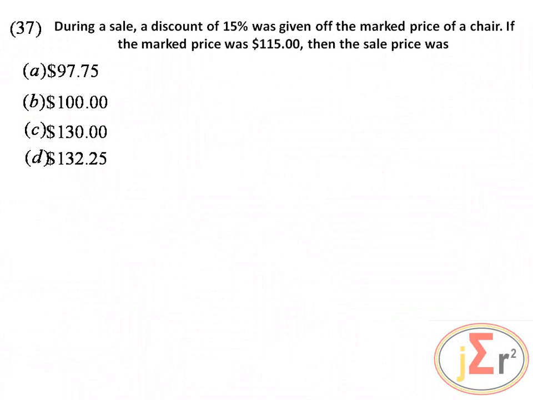During a sale, a discount of 15% was given off the marked price of a chair. If the marked price was $115, then the sale price was $100. Well, it would appear to be $100 just by glancing at it.